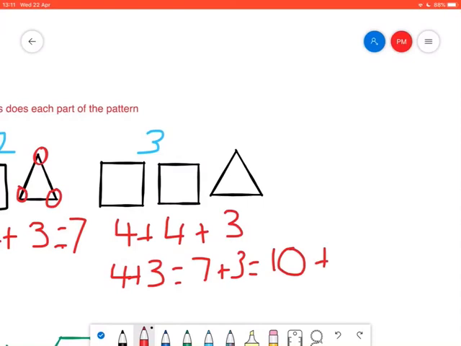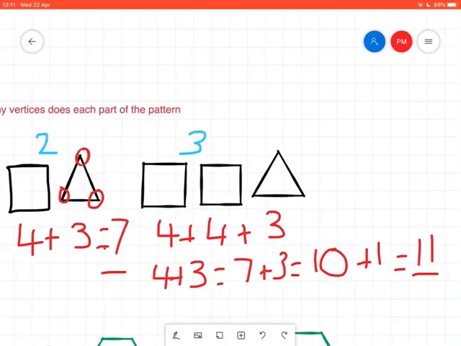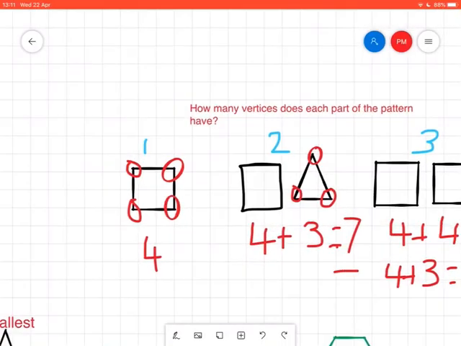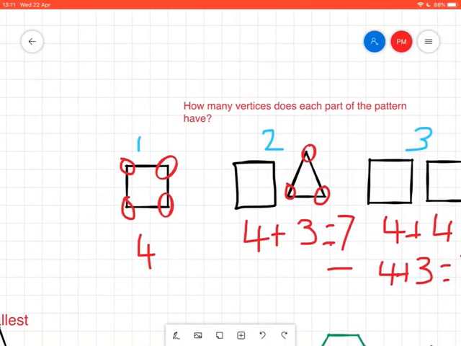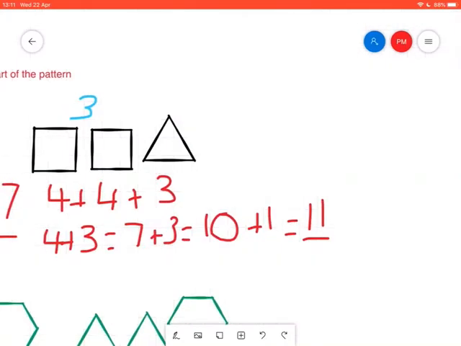Then we add on the last one that is remaining, and that gives us 11. So the pattern goes 4, 7, and 11. Well done.